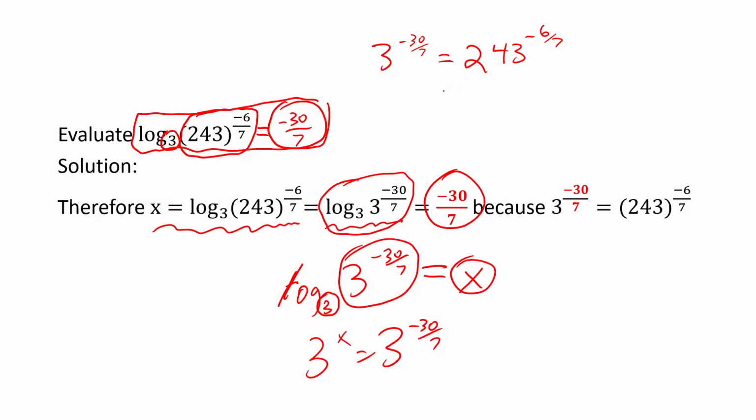And this is true because 243 is equal to 3 to the 5, and when we multiply these two exponents, we get negative 30 over 7. So the statement is true, and our answer is negative 30 over 7.